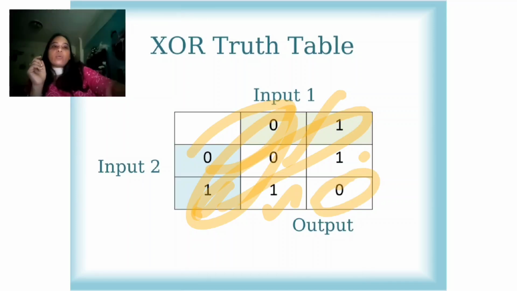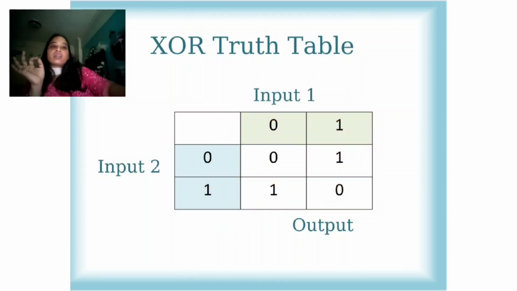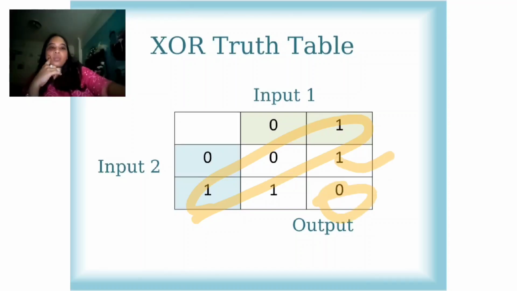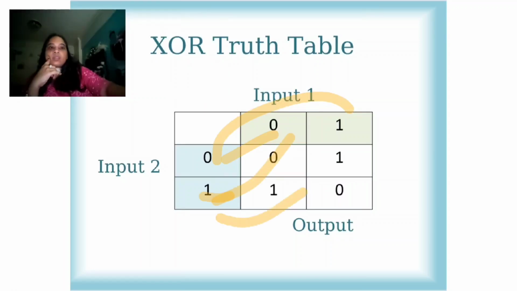Any one of the inputs gives an output, but if both inputs are true, you get the result off.